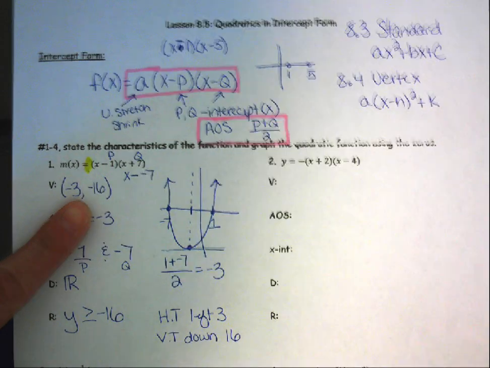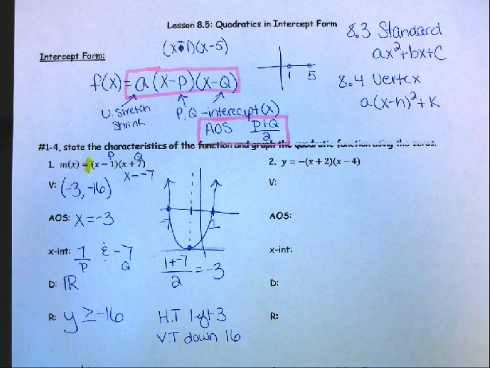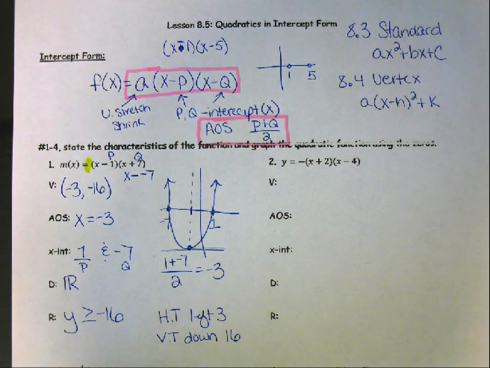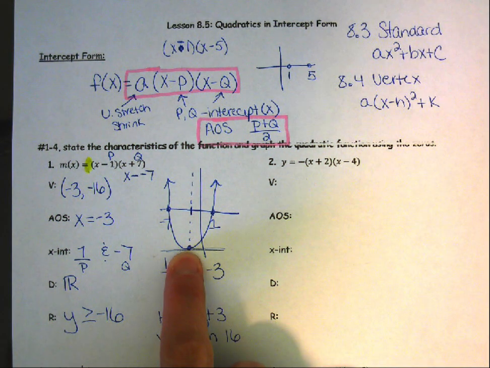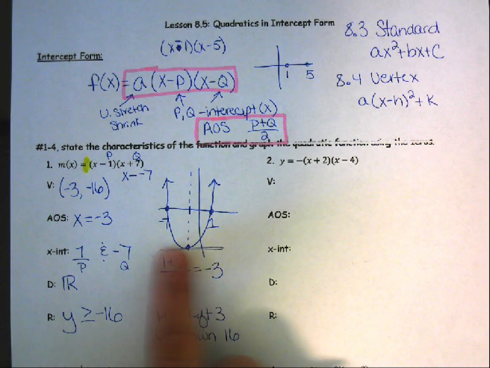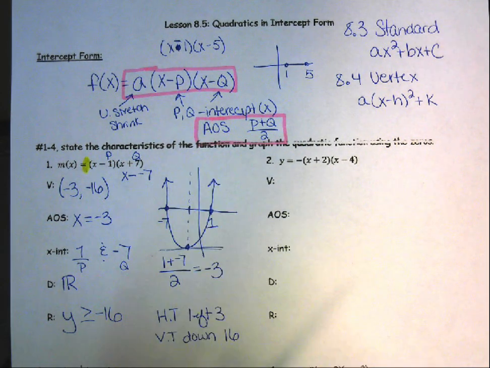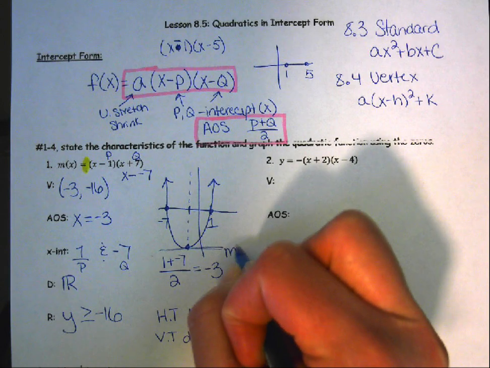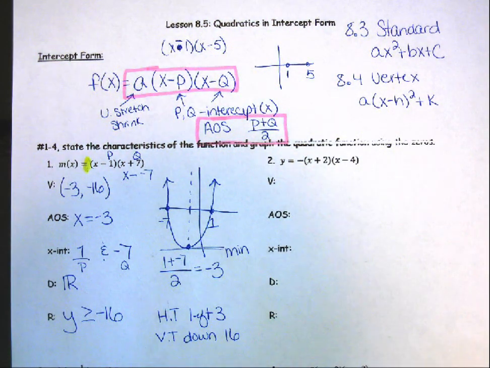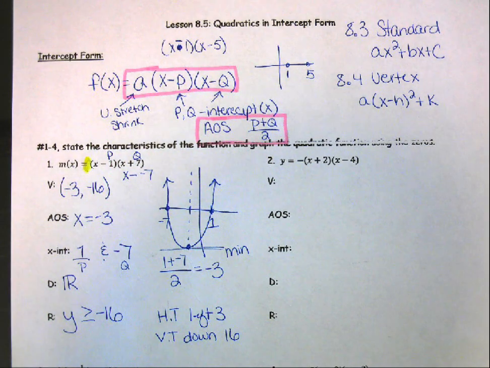That would be the only comparison. So if they ask us, just like they could ask us for max and min, look at your vertex. Do you see how it's the lowest? See how it's opening up? That must mean that this is a minimum. So there's lots of things they could ask us. Sometimes it just depends on what they choose. So just fill in the ones that they ask you for and don't worry about the other ones, okay?